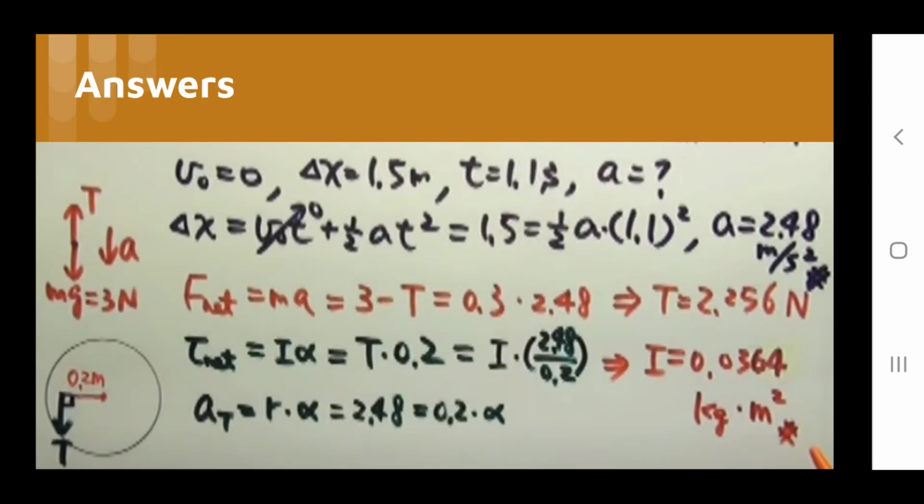We know that the initial velocity at the start is 0, and the floor is 1.5 meters from the box. It takes 1.1 seconds to get there too. We can use the equation delta x is equal to v0 t plus 1/2 a t squared. Once you have that equation, we plug in the numbers that we know. So we now have 1.5 equal to 1/2 a times 1.21.